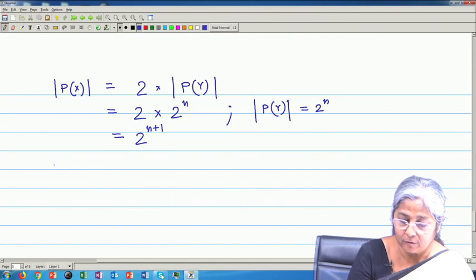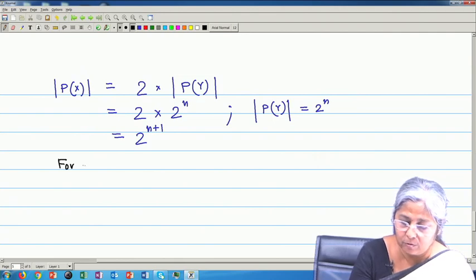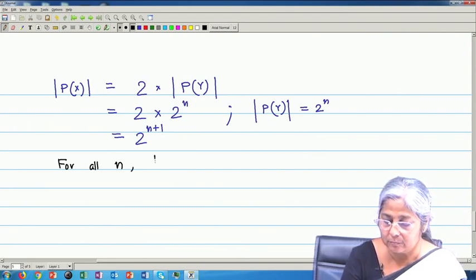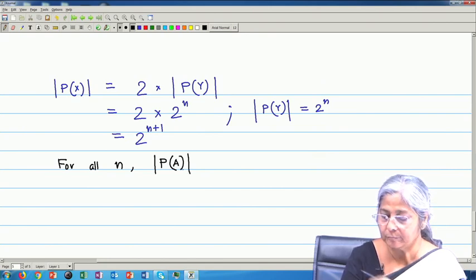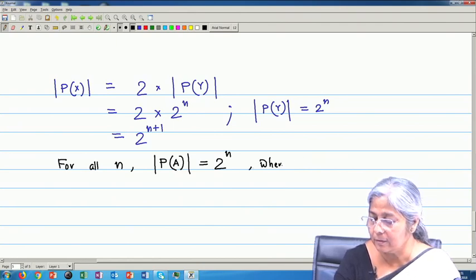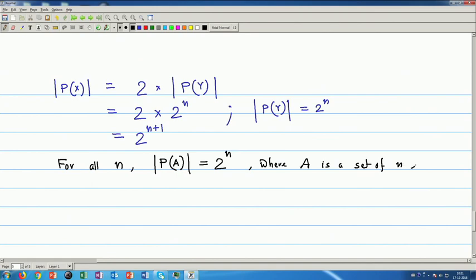So, we can conclude that for all values of n, the cardinality of P A is 2 to the power n, where A is a set of n elements. So, our theorem is proved.